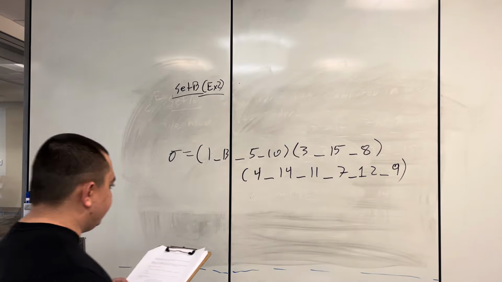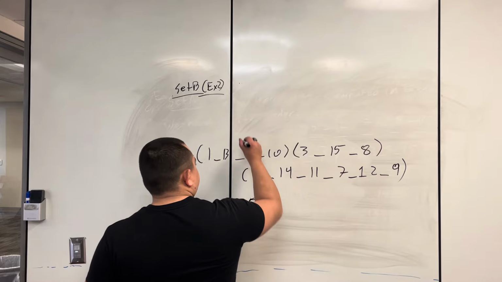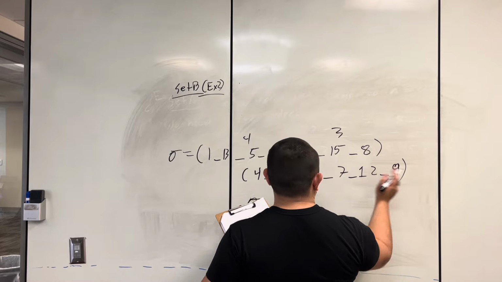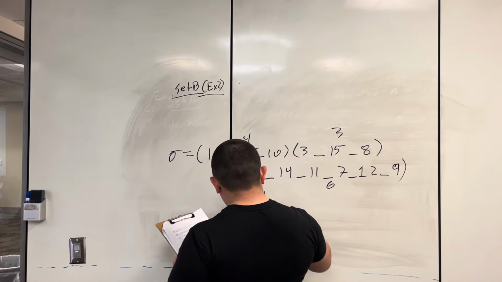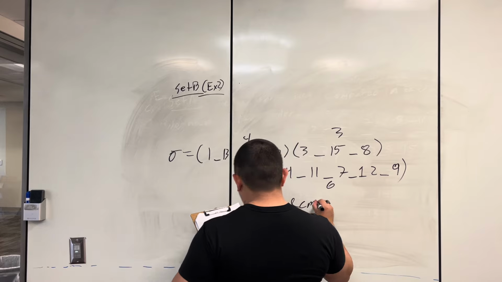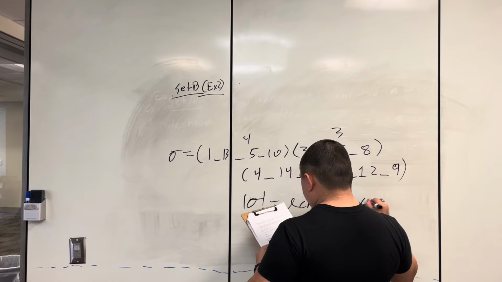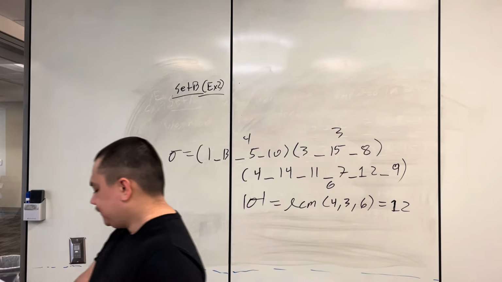And what do we have there? We've got cycle lengths 4, 3, and 6. So the order of this would just be equal to the least common multiple of 4, 3, and 6, which is 12. So the order of sigma is 12.